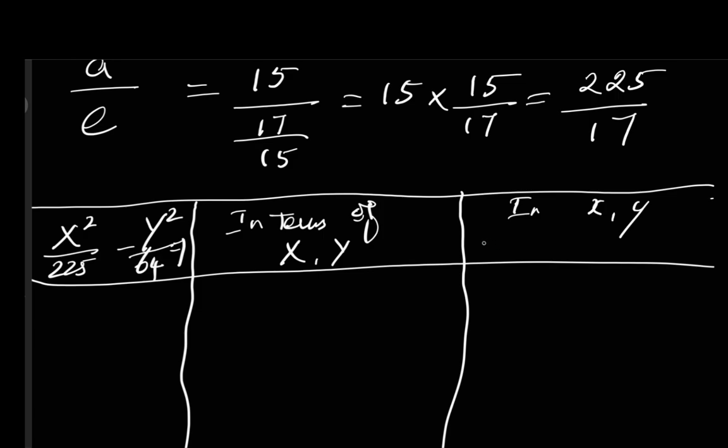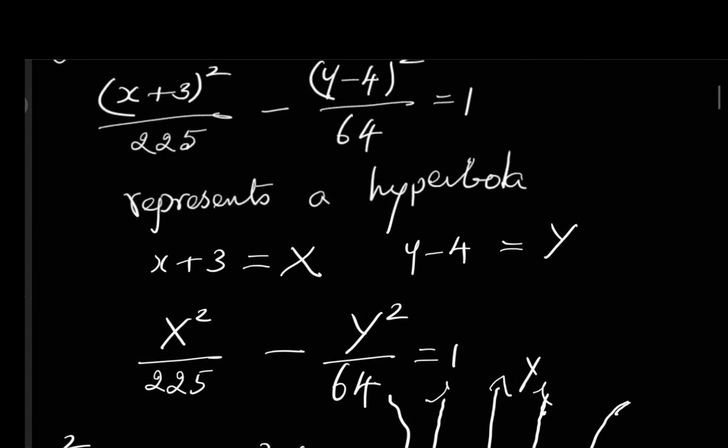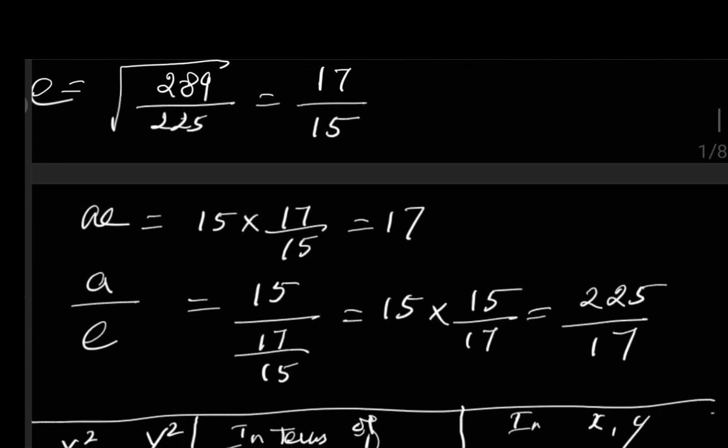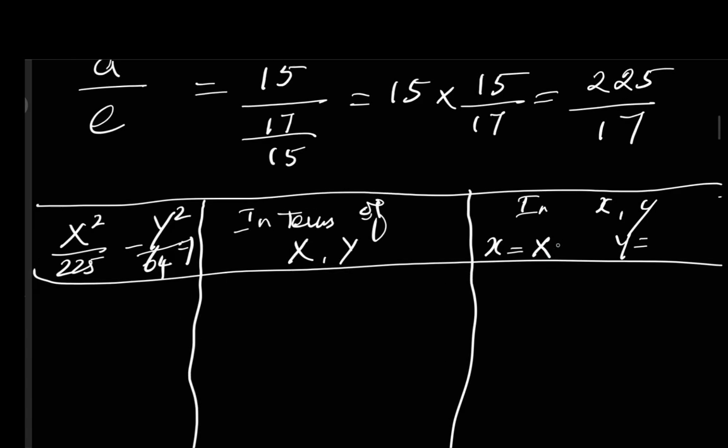So what is small x? You have to replace here small x and small y. Capital X is x plus 3, so small x is capital X minus 3. Y minus 4 equals capital Y, so small y is capital Y plus 4.